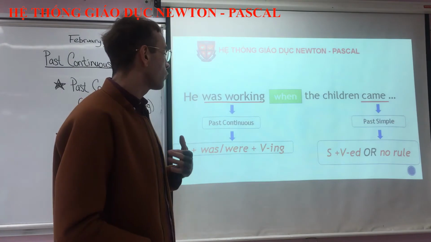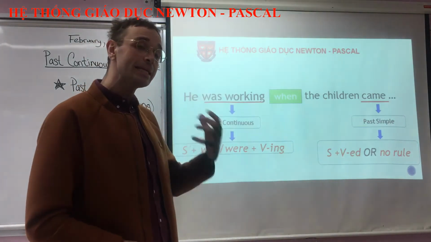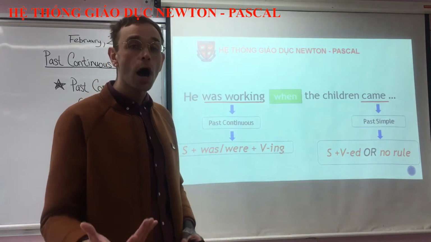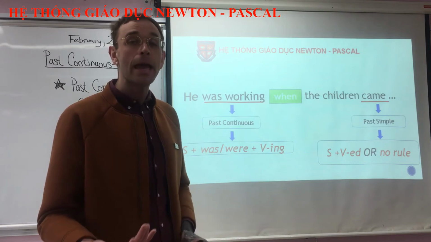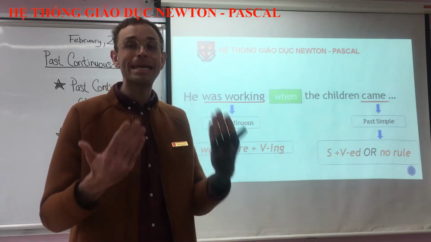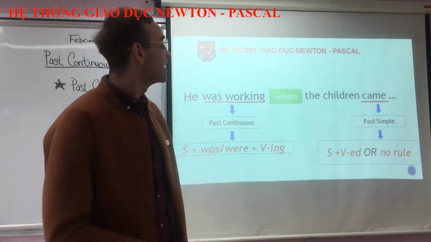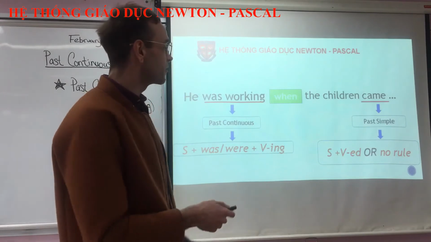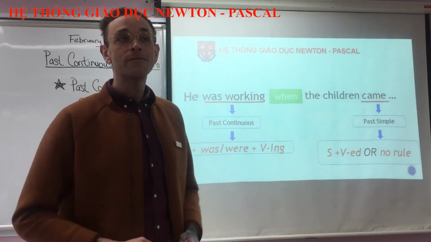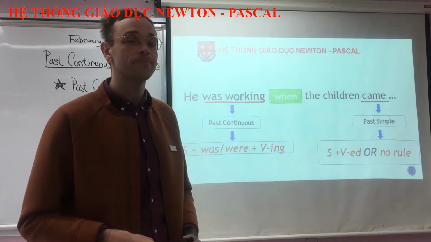The rule for regular verbs is to add ed to the end of the verb. So a verb like talk has a past simple form of talk plus ed, or talked, right? Come is an irregular verb, so there is no rule. We just have to memorize the past simple form of this verb.